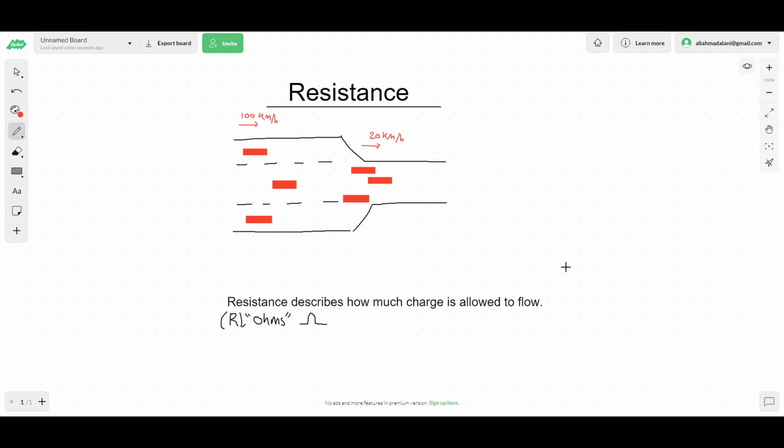But for a circuit that has high resistance, that means that the charges can't flow as fast, they can't flow as easily, there are not as many lanes as there were before. So resistance is a description of how much charge is allowed to flow. Of course, a higher resistance means less flow, a lower resistance means higher flow. The symbol for resistance is R, and its unit is ohms, represented by the symbol omega.